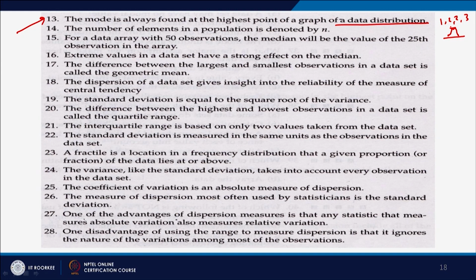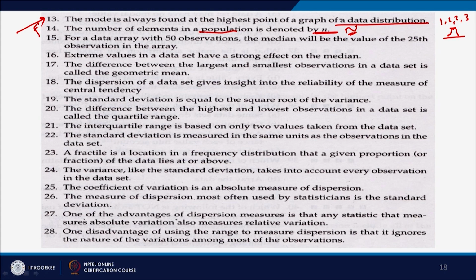The number of elements in a population is denoted by small n, right. No, it is not denoted by small n, but we denote population size by capital N, right.